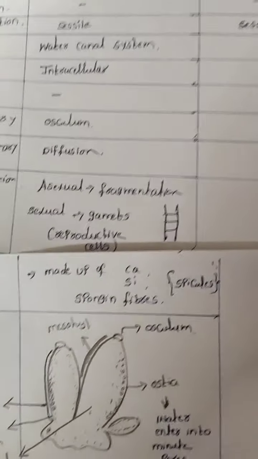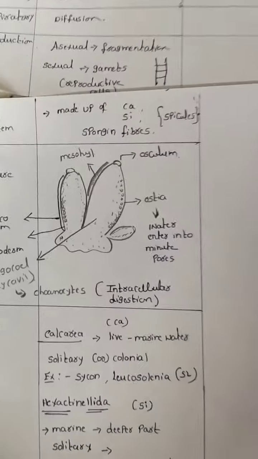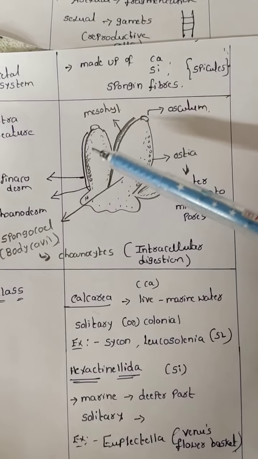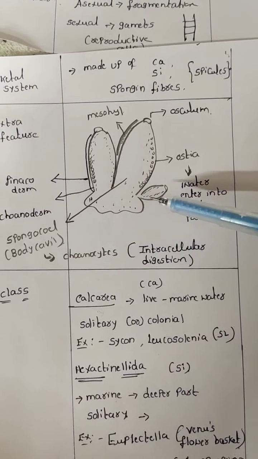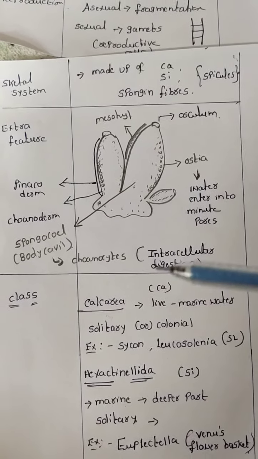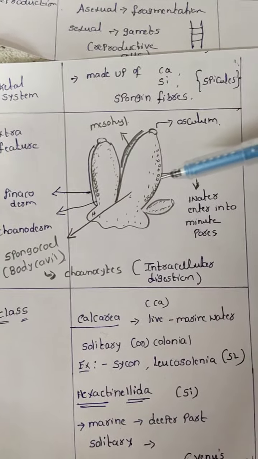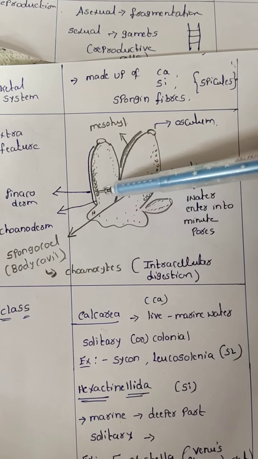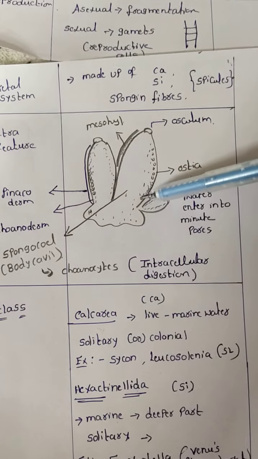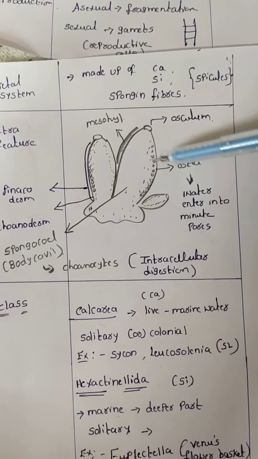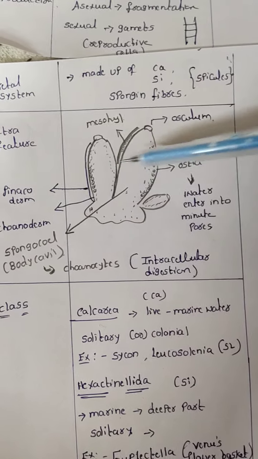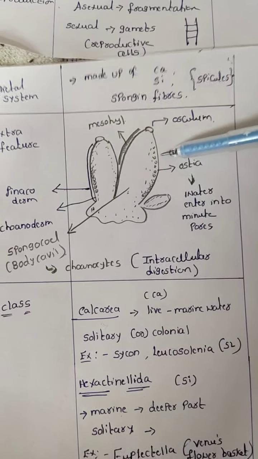What is the water canal system? See, now this one is a Porifera, one example I can name is Sycon. See, what I said, what is Porifera? The organism whose body has pores. Suppose water is totally surrounding it. Now this organism has pores.